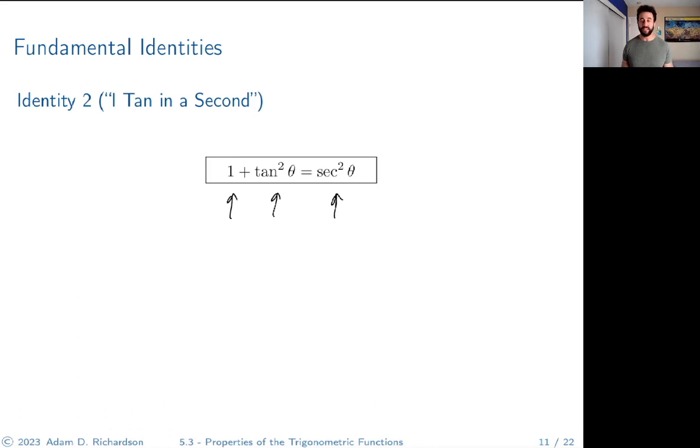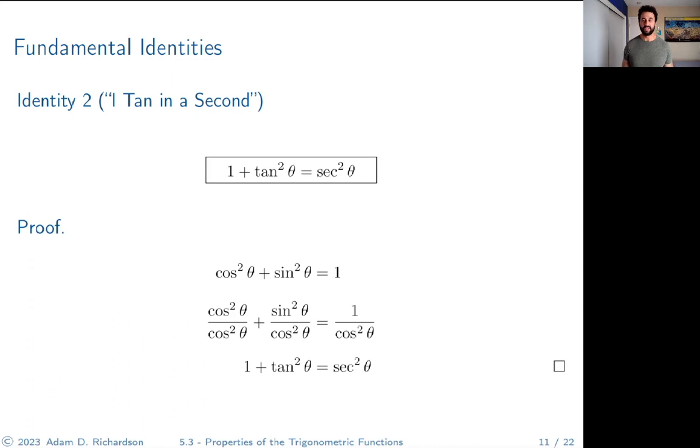Okay, now let's see the proof. The proof is also remarkably quick. We're going to start with the Pythagorean identity. There we go. And we're just going to divide both sides by cosine squared. Cosine squared over cosine squared is 1.